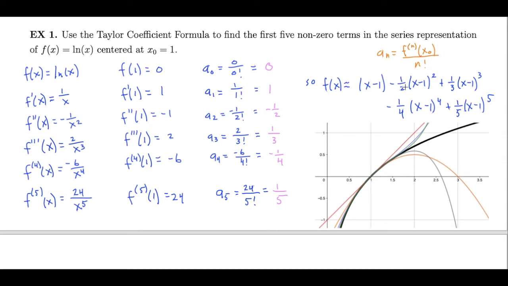And then I essentially get this unit fraction, 1 over some value, and this value ends up corresponding exactly with the power. So I expect the next term would be negative 1/6, (x minus 1) to the 6th. After that, I'd have positive 1/7, (x minus 1) to the 7th, etc. So in this particular case, there appears to be a pattern to these derivative values, which then leads to a clear pattern in terms of the coefficients.